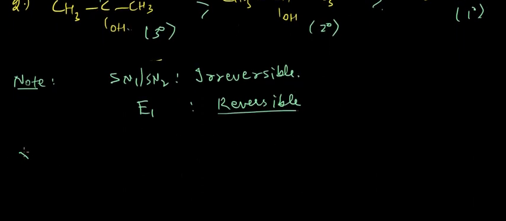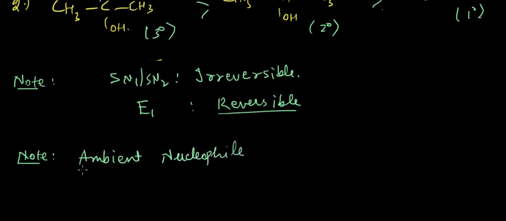Okay, so yeah, now let me take a random topic here. A small note: I'll just introduce a concept to you which is called ambident nucleophile. Which is nothing but, if you look at the nitrile group, this is C minus, and this N also has a lone pair.